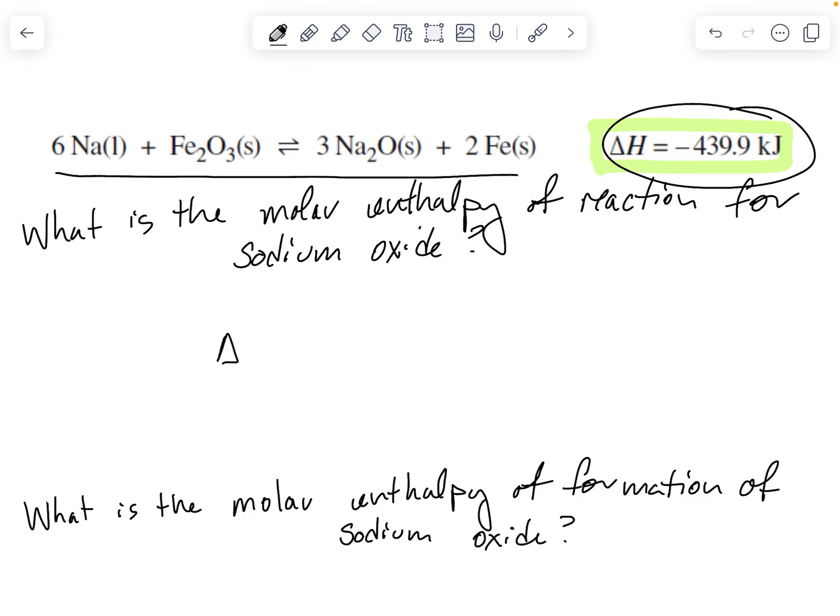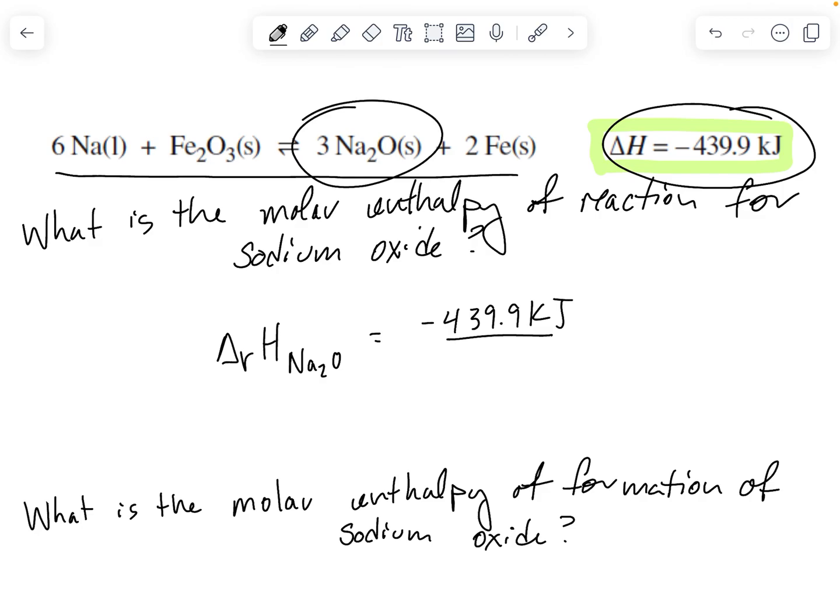If I wanted to know the molar enthalpy of reaction for sodium oxide here, I'd take that enthalpy, negative 439.9 kilojoules, and then divide it by the number of moles of sodium oxide, which is 3 mole. That'd give me the molar enthalpy of sodium oxide in this reaction.